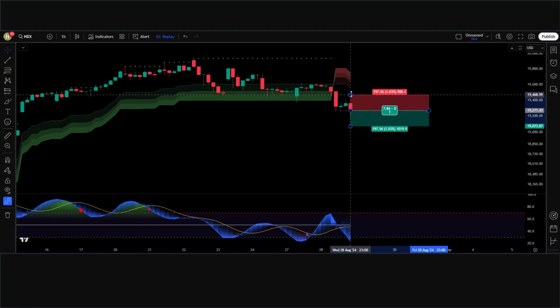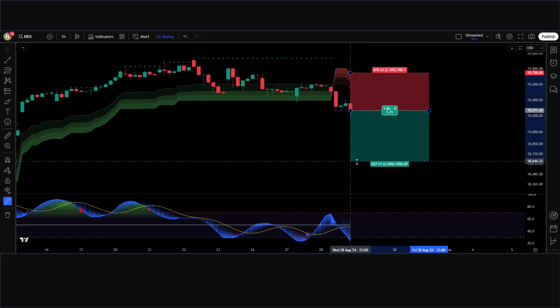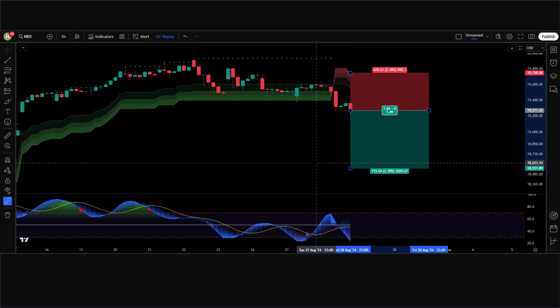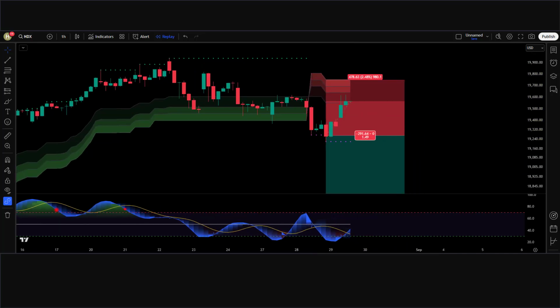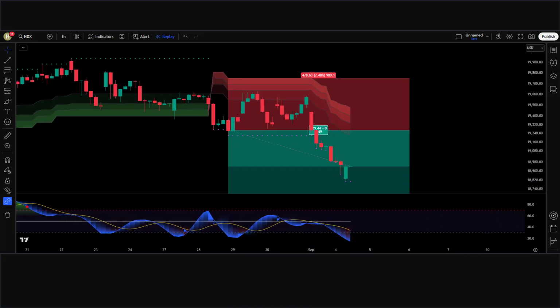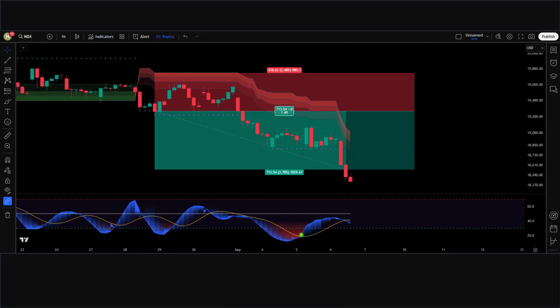Our stop loss will be placed at the ATR Trend Indicator of higher trailing stop line. And the risk to reward ratio will be 1:1.5. The market has completely hit the target.